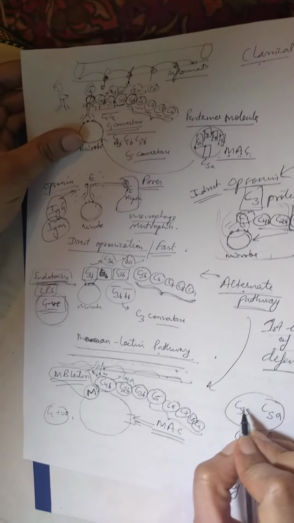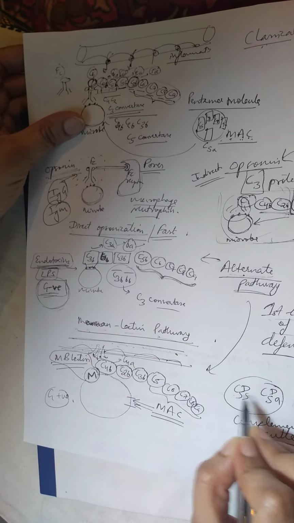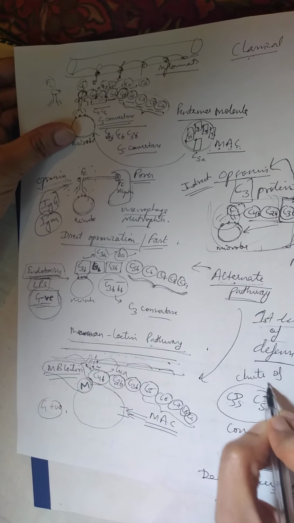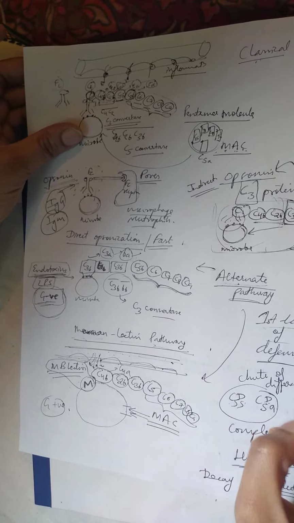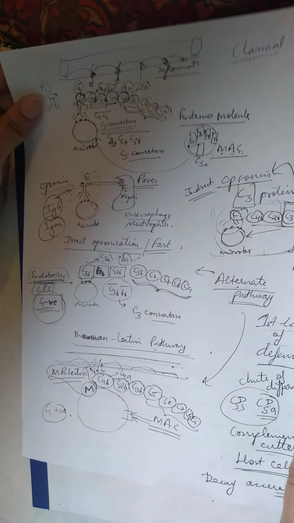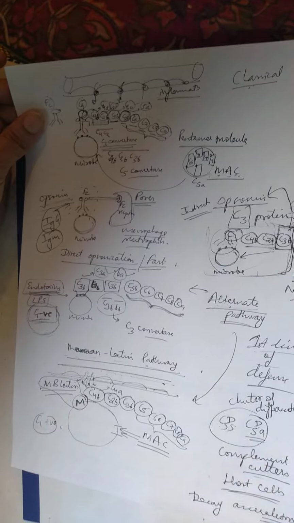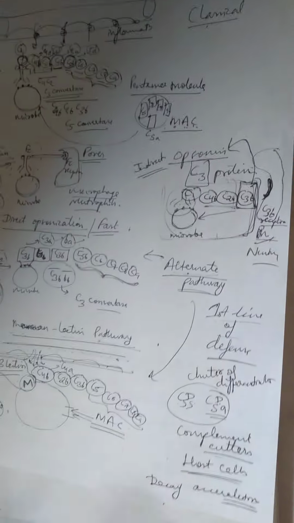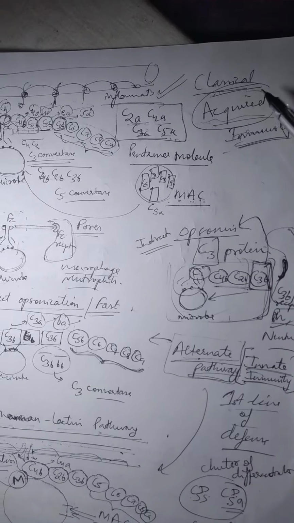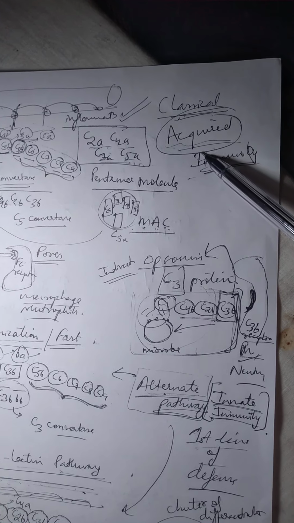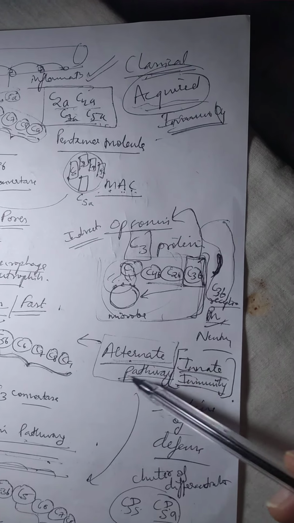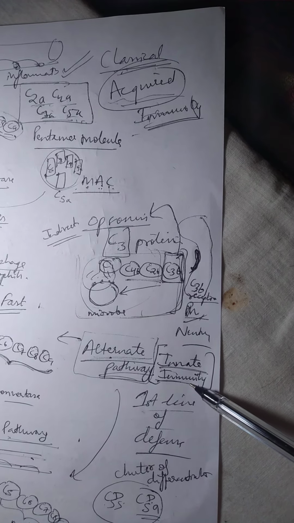These are the cluster of differentiation molecules, CD55 and CD59. And yes, this classical pathway is basically the acquired. This classical complement pathway can also be referred to as acquired immunity.